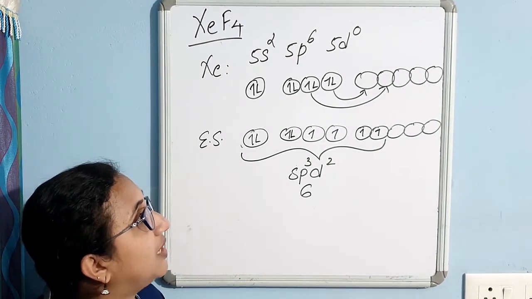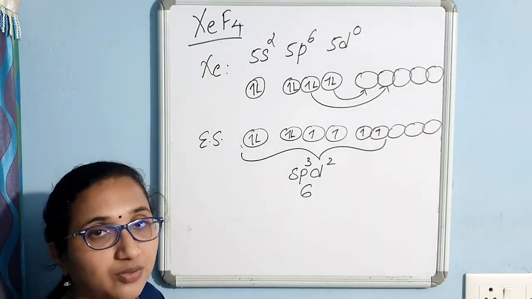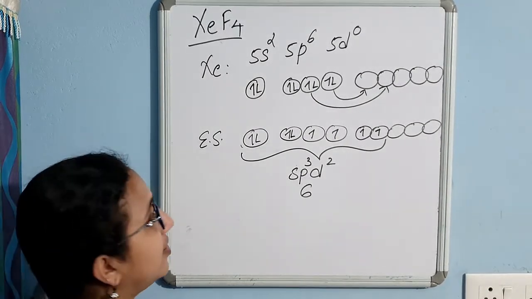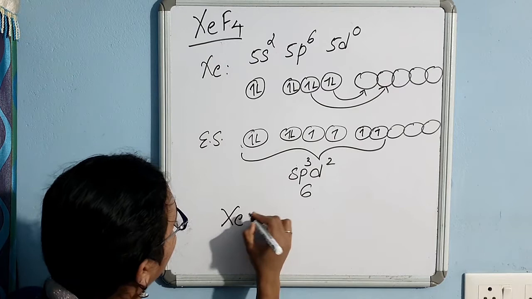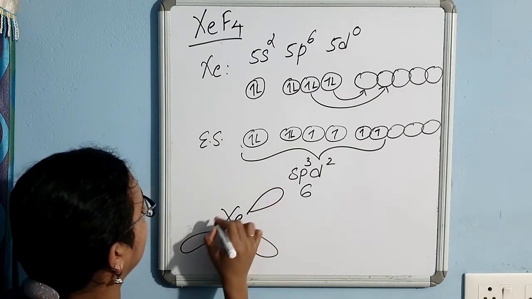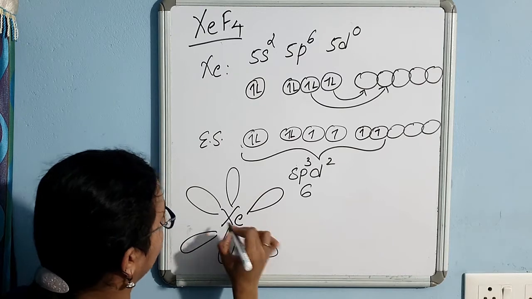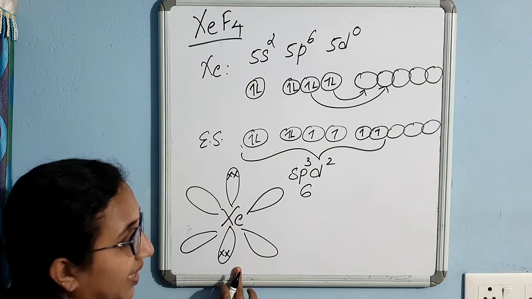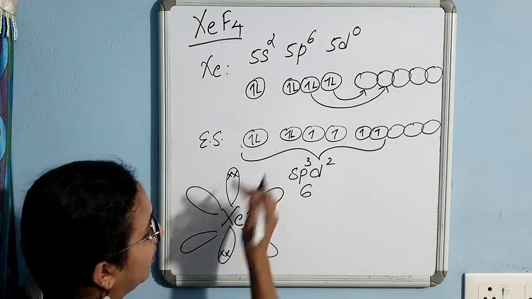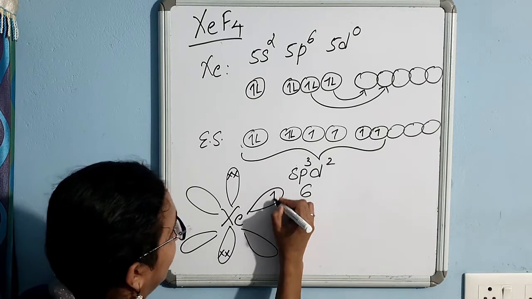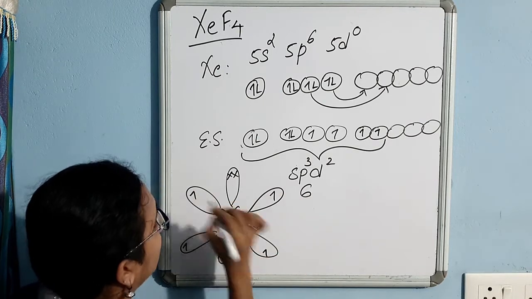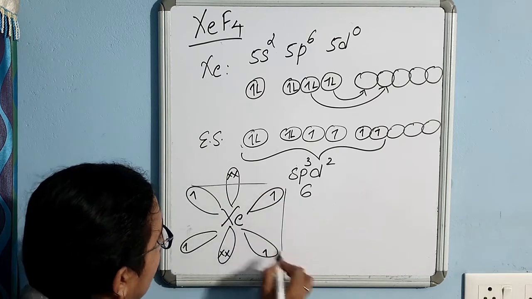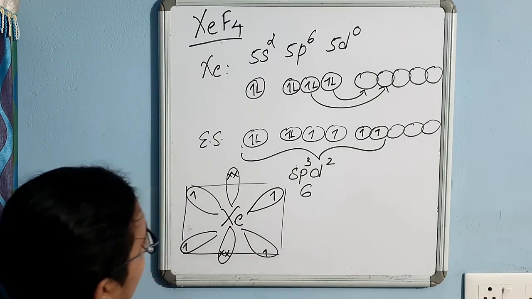But in this case, we know there are 2 lone pairs. Because of the presence of 2 lone pairs, the molecule will have a square planar geometry. So the 2 lone pairs are occupying positions above and below the plane of the square, and the 4 orbitals are in the plane of a square, or they have a square arrangement.